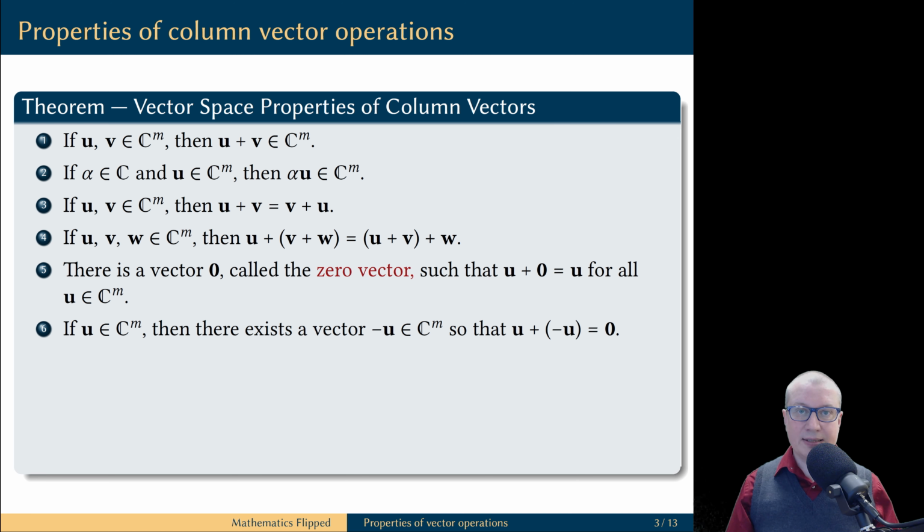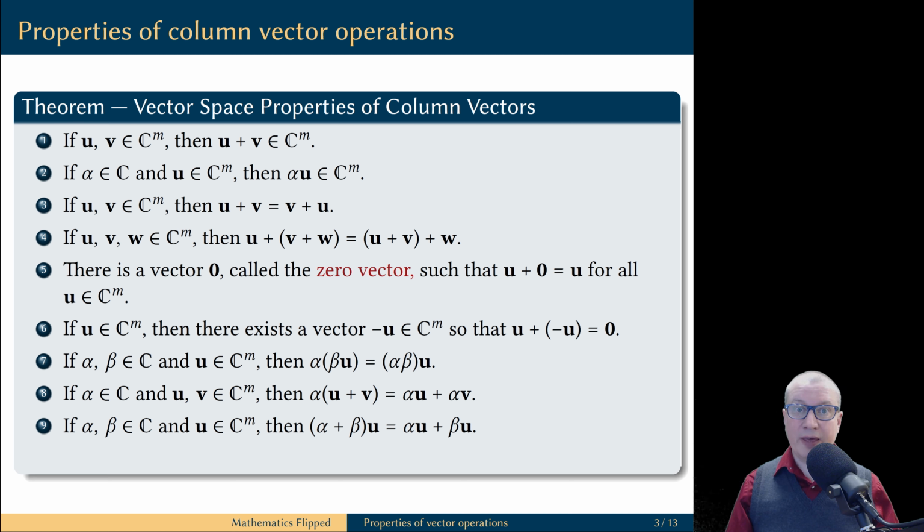Property 9 is another version of the distributive property, except now, on the left-hand side, we have the addition of scalars, while on the right-hand side, we have the addition of vectors. Keep in mind, we have two plus signs, but they are different operations. On the left, it's the operation of the addition of numbers.